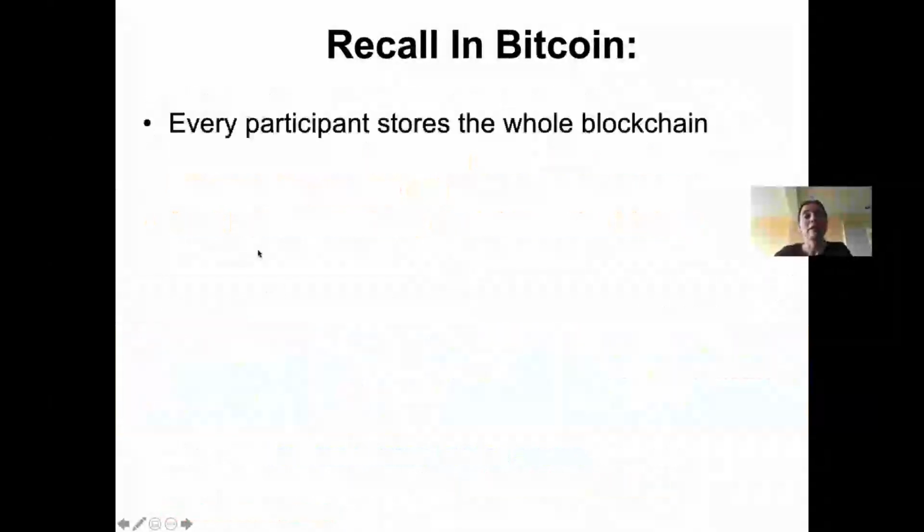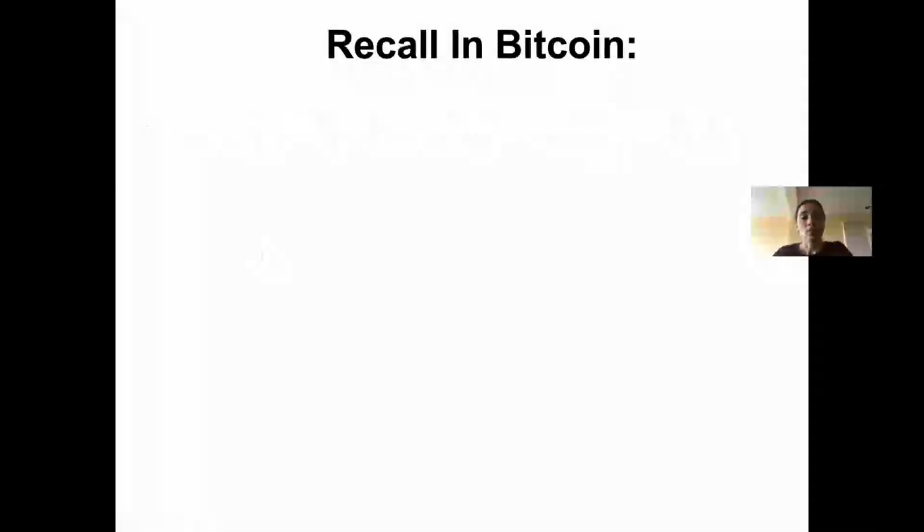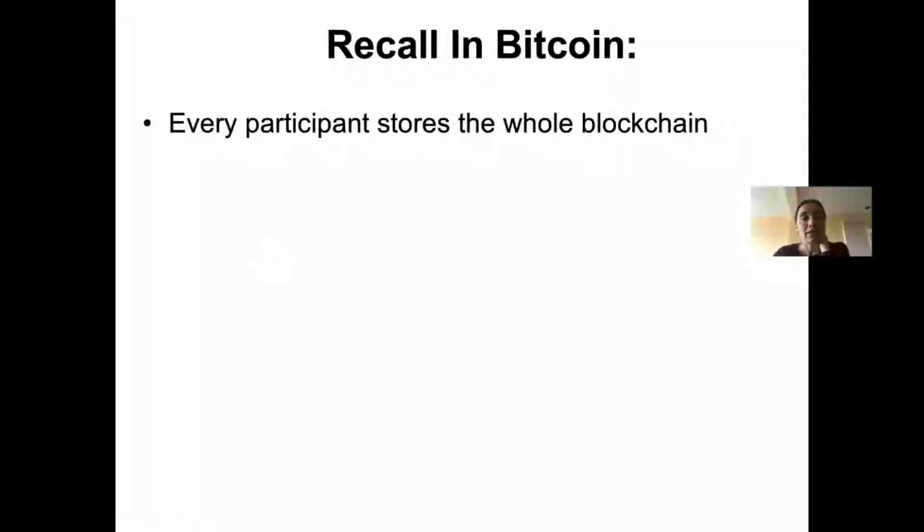So then we also said that this blockchain, which could be very, very long, is stored by every participant as a copy of the whole blockchain. So if you participate with a node in Bitcoin, you are going to get the whole blockchain by default. We'll see there are some other optimizations like light clients and whatnot, but ignore that.